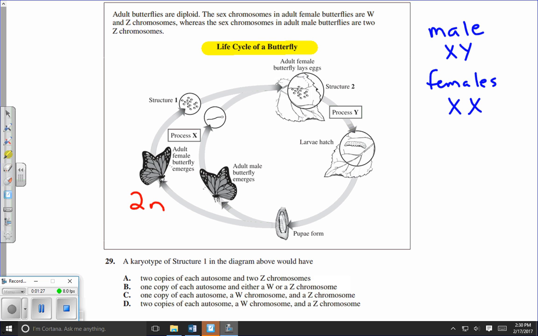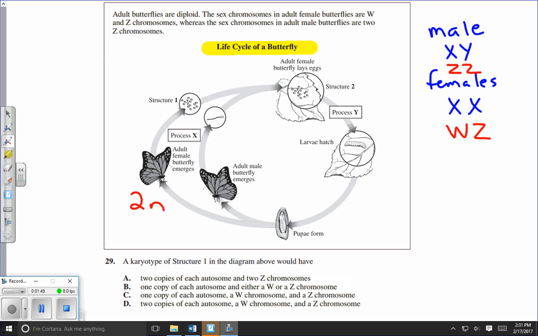That's not what we have here. We've got a different situation. It's been kind enough to tell us that it's W and Z chromosomes in the females. So in this situation with these butterflies, we've got W and Z. And in the males, we have 2 Z chromosomes, Z and Z.